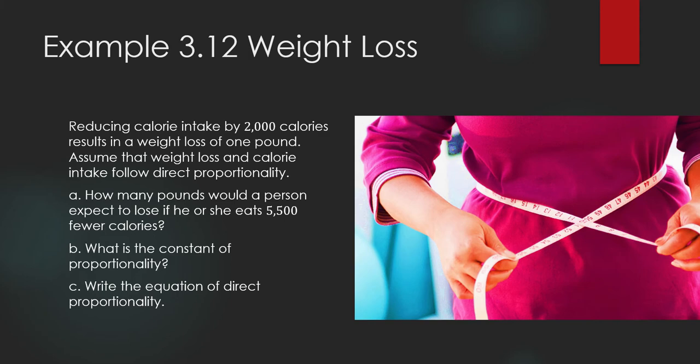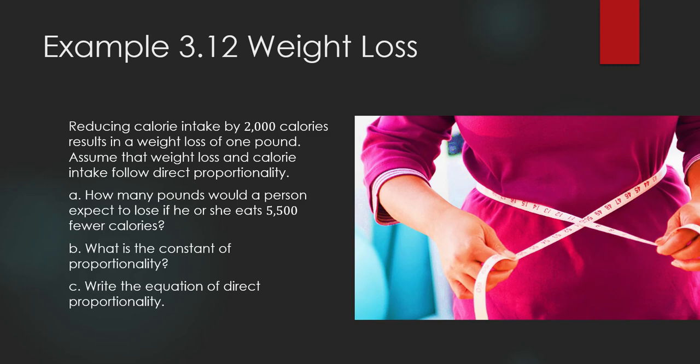Okay, so reducing calorie intake by 2,000 calories, that is kind of a very science way of saying it. But what that means in practical situation is you will reduce the amount of food that you will eat, and you will reduce it by 2,000 calories. Okay? The amount of food that you eat contains energy, and that energy is measured in calories.